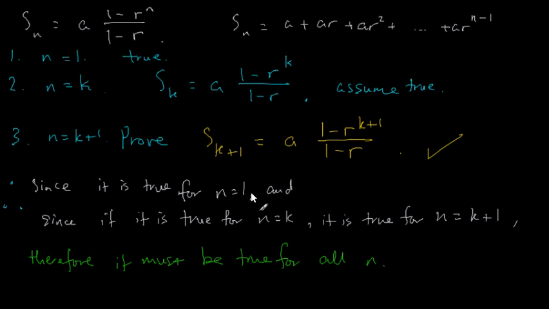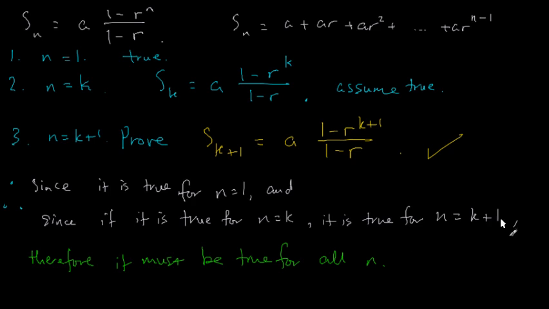Then the second sentence shows that it is true for n equals 2. But if it's true for n equals 2, then the second sentence must show that it is true for 2 plus 1. So it's true for n equals 3.